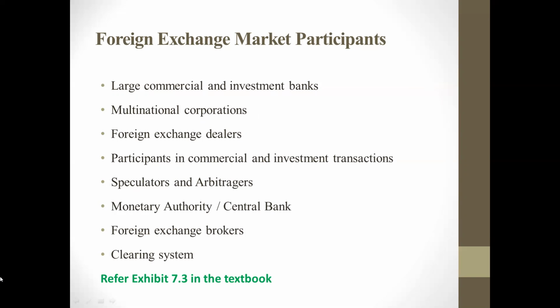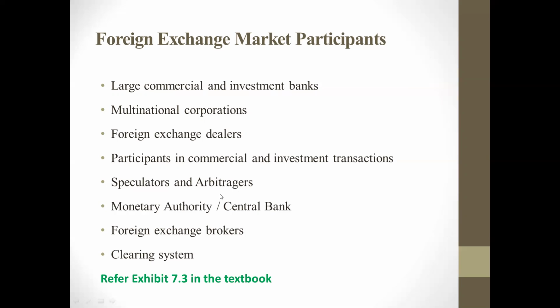Not only that, foreign exchange dealers and brokers play a crucial role. Then the participants in commercial and investment transactions, that means individuals, and the speculators and arbitragers. We discuss speculators in future sessions, and arbitragers very shortly.